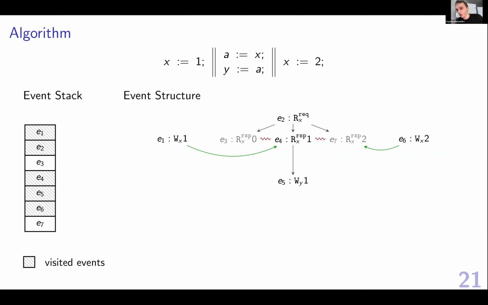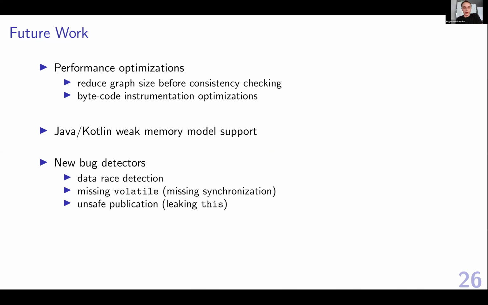Then we can encode different constraints in an SMT formula, and perhaps we can even encode the event structure itself in an SMT formula and just delegate all the work to the SMT solver. I think that's a very interesting direction to explore. Yes, that's basically it. Now I am ready to answer your questions if you have any.